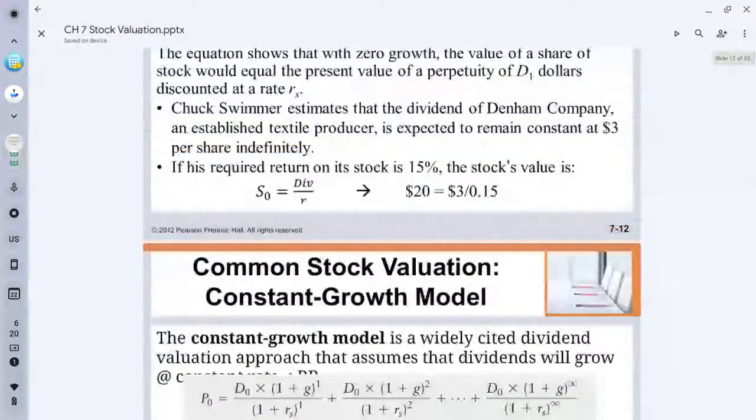So here's one example. Chuck Swimmer estimates that the dividend of Denham Company, an established textile producer, is expected to remain constant at $3 per share indefinitely. Now, you think these words are just verbiage.